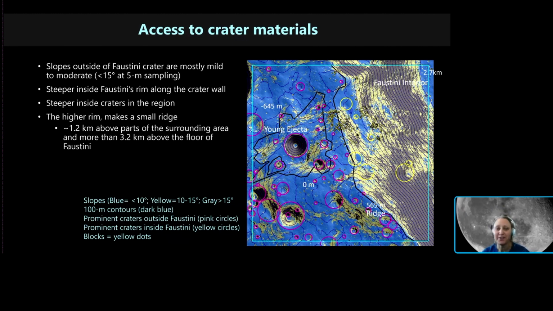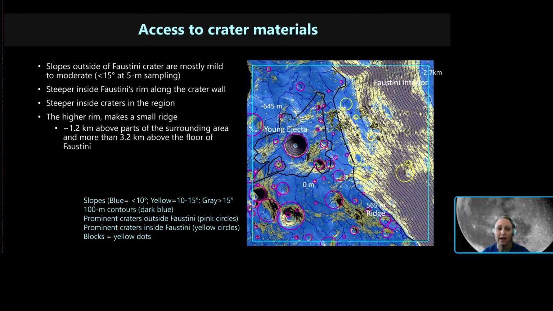And so from this map, you can see that outside of Faustini crater, the slopes are mostly mild to moderate, less than 15 degrees. So lots of things here are potentially accessible. Inside Faustini is much steeper along that crater wall. And also inside these more prominent craters in the area, the slopes are also relatively steep.